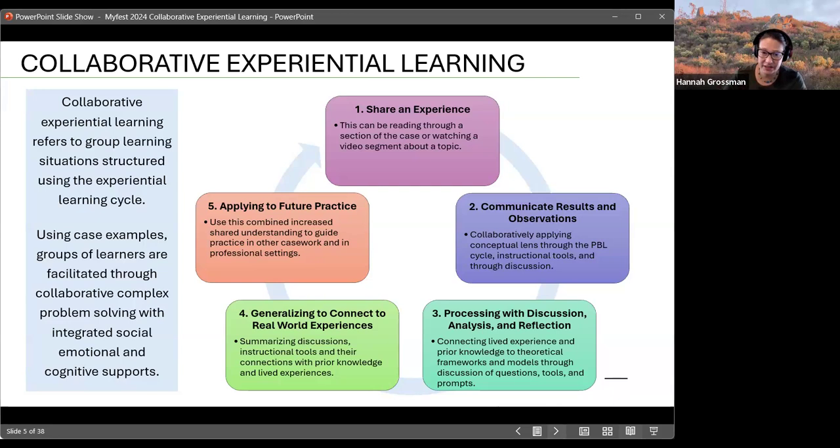Now, collaborative experiential learning. One of the difficulties about experiential learning around this amount of complexity is pure discovery learning is hard. And it's hard to make sure you're getting at the exact learning objectives you want your learners to get at.